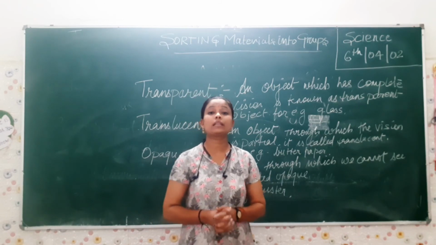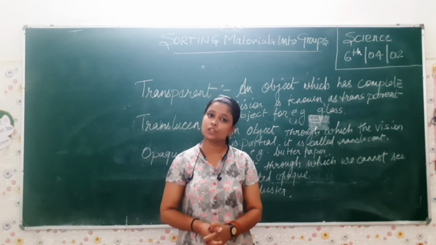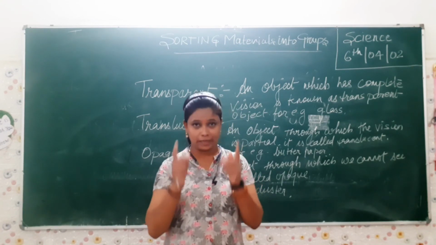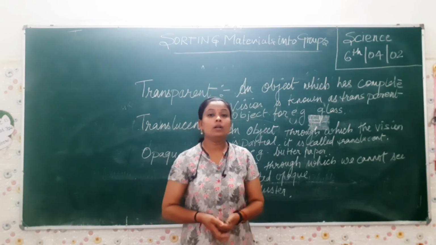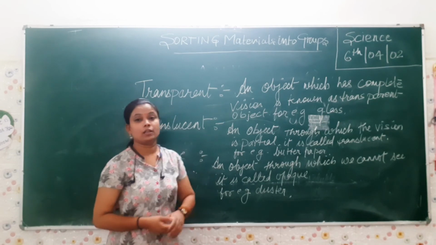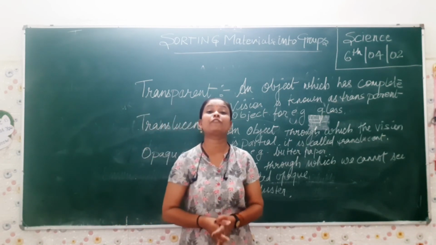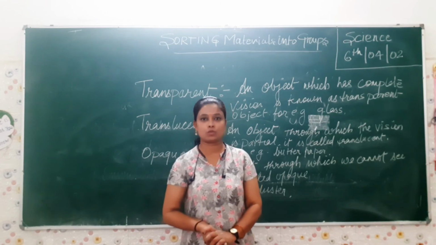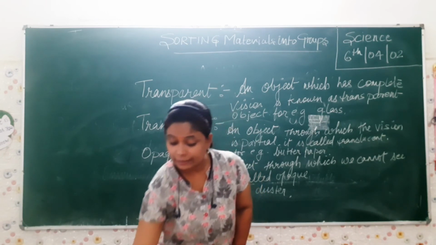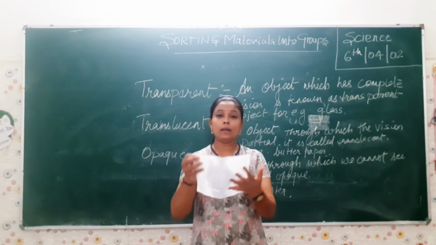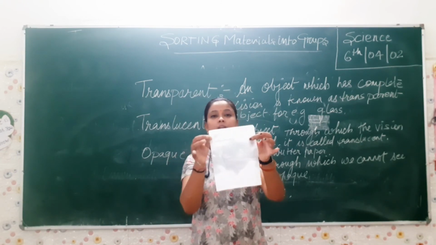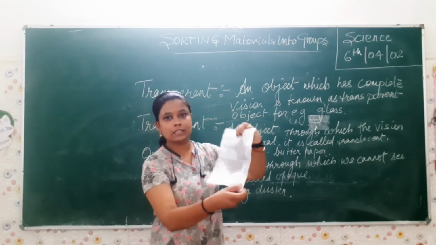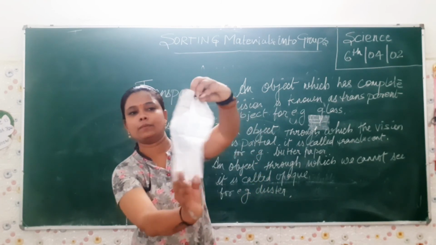Now let me give you one example of each. For transparent, you may have windows as well as spectacles. Now let us see translucent. As you may not have butter paper, maybe you buy cakes from outside. You do one thing, take a paper like this. Look, I have made a little bit translucent object. I just bring it closer to you, just see.